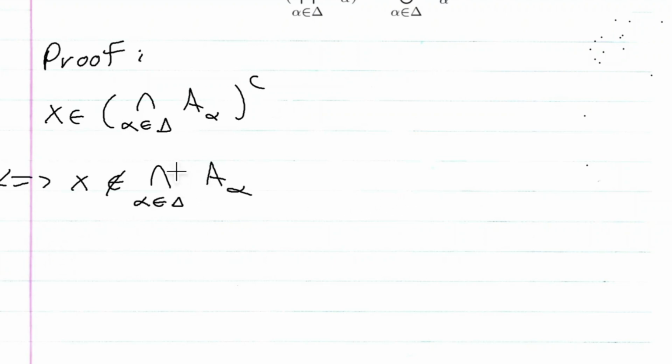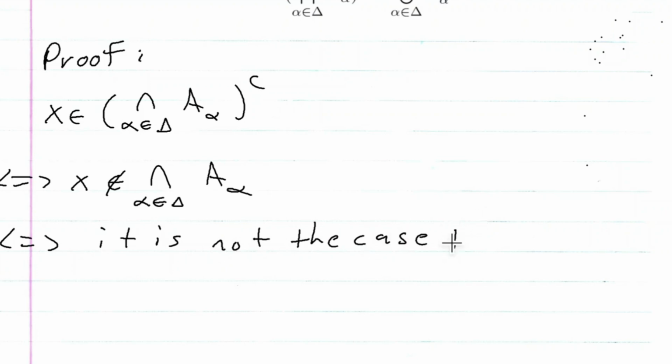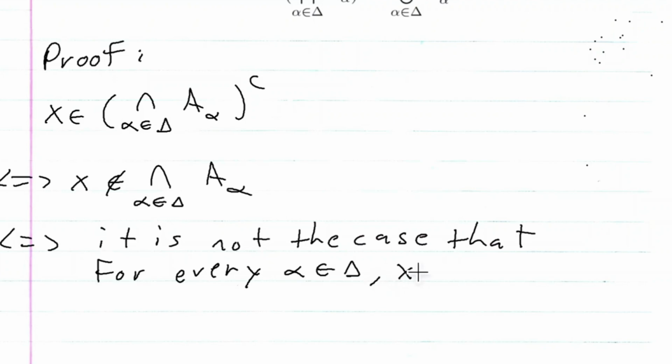Okay, so if X is not an element of this intersection, this means that it is not the case that for every alpha contained in this index set delta, we have X as an element of A sub alpha.